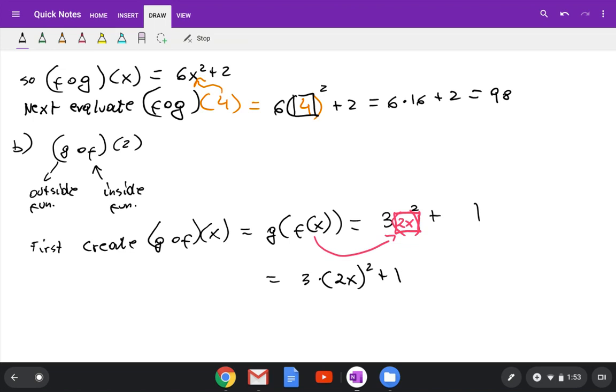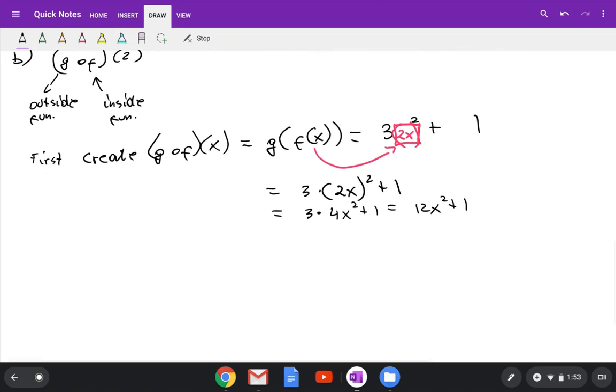So don't forget that the exponent is first. So we have 3 times 2 to the second power, which will give you 4x squared plus 1. Multiply next, we're getting 12x squared plus 1. So G composed with f of x has the equation of 12x squared plus 1.